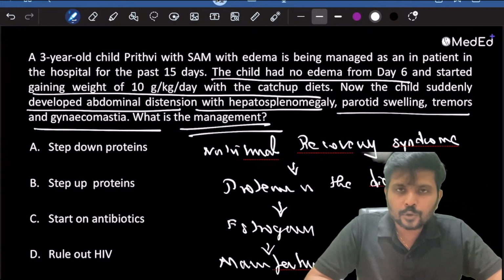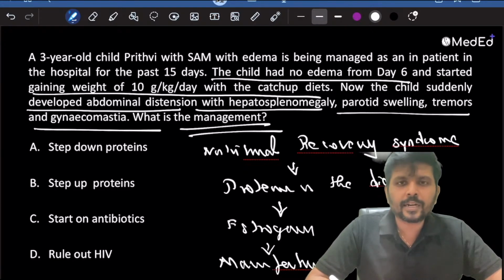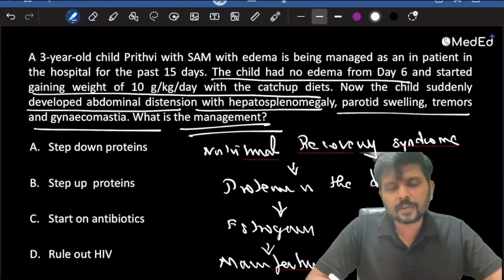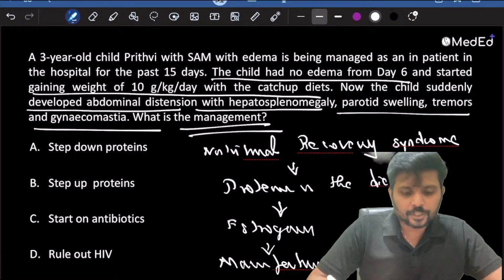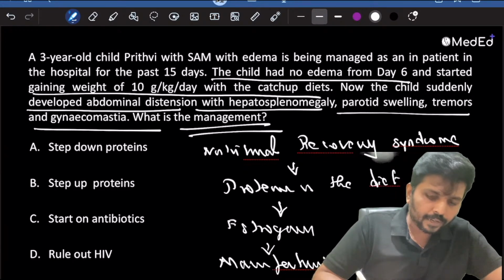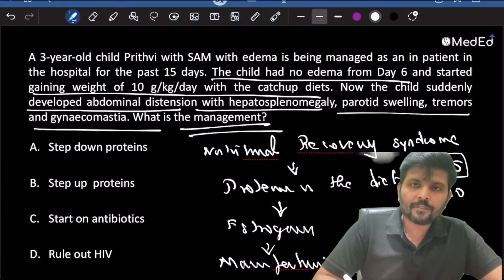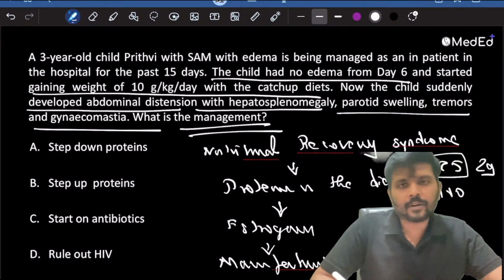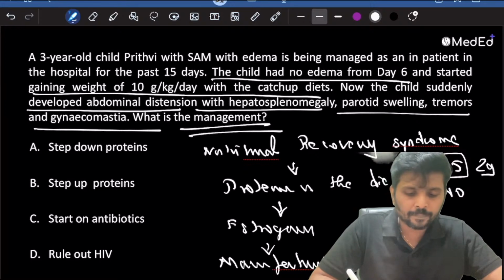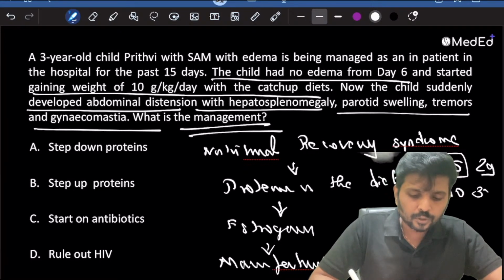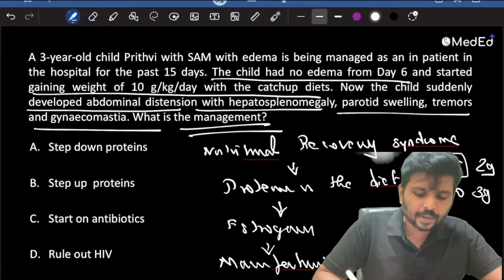That's why you need to slowly increase the protein intake while treating a child with severe acute malnutrition. Initially you have F75 formula, then you have F100 formula. In F75 formula you have a protein of 2 gram per kilogram, gradually increased to 3 gram per day, and finally you can go up to 10 gram per day.